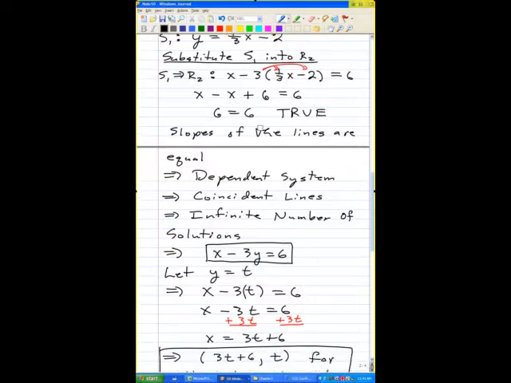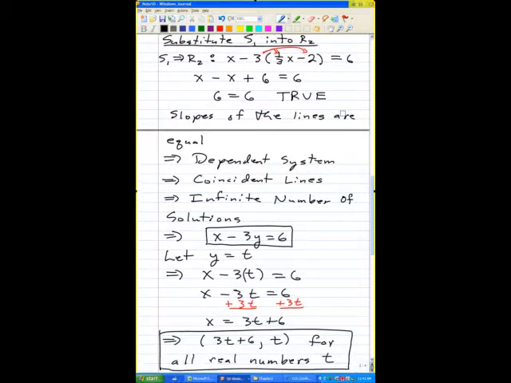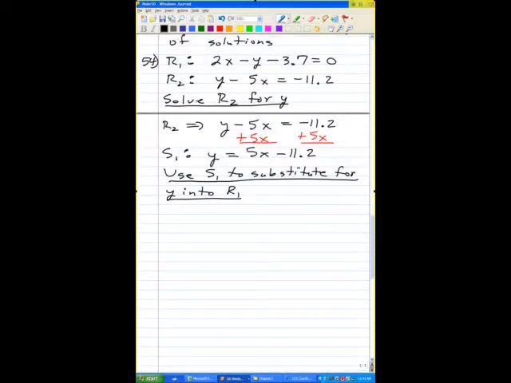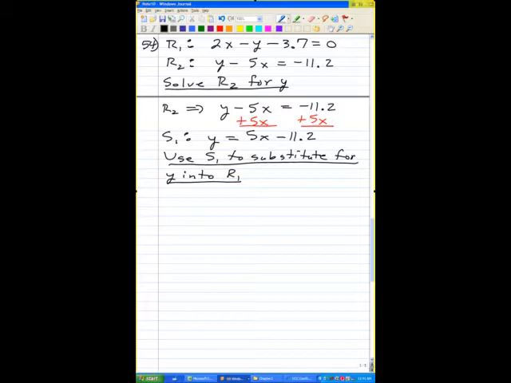And so you have to be careful that you didn't substitute back into the original equation, because you might be falsely led into thinking you have a dependent system, in which case it isn't a dependent system. It's just that you have solved your system incorrectly. Okay, so let's substitute S1 into R1.